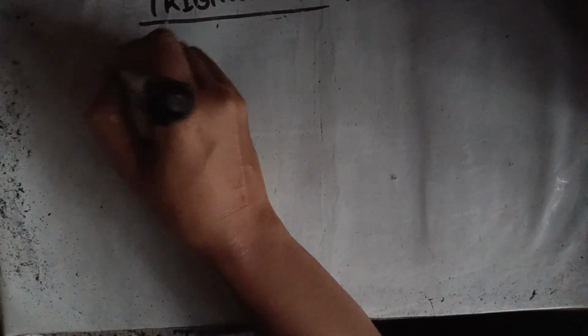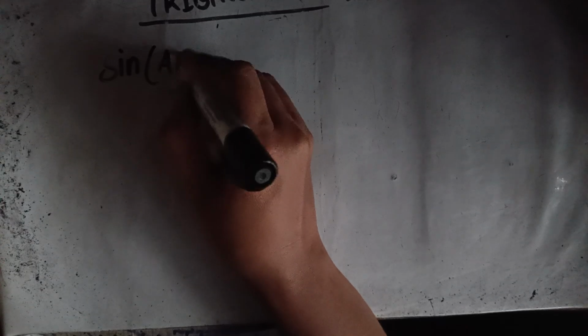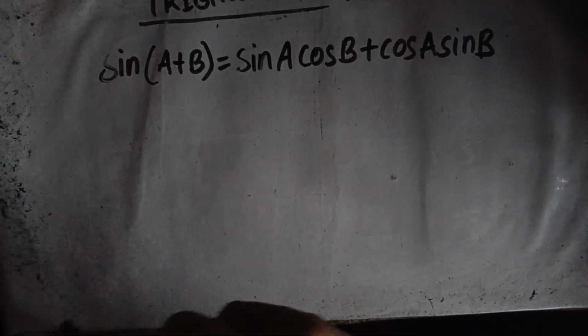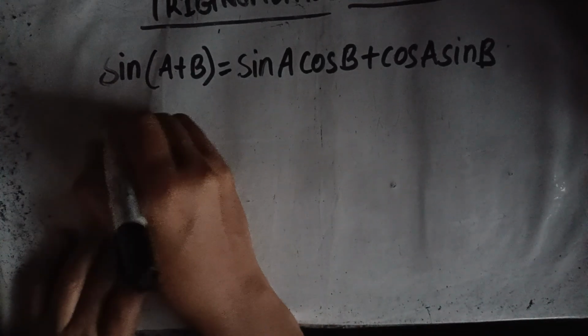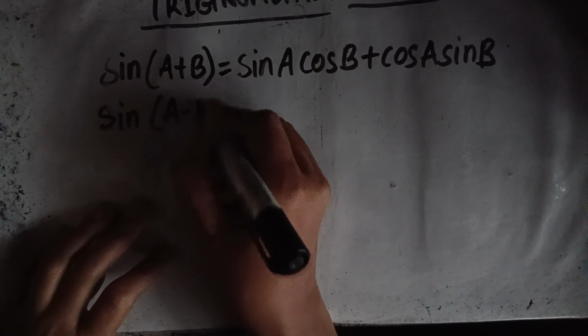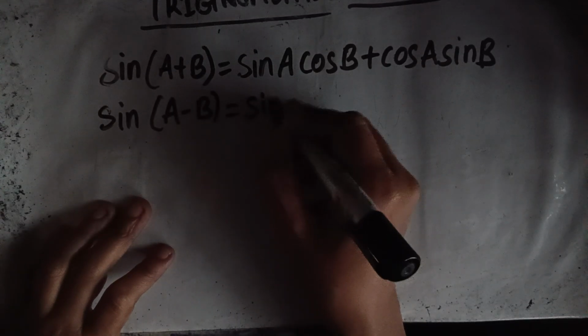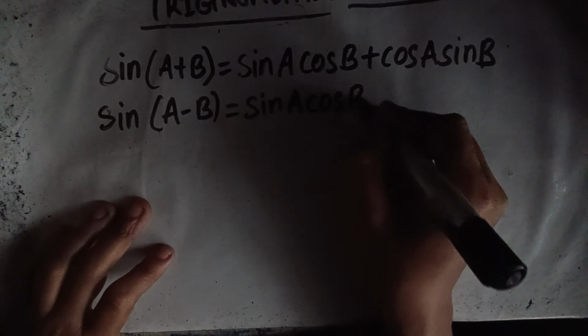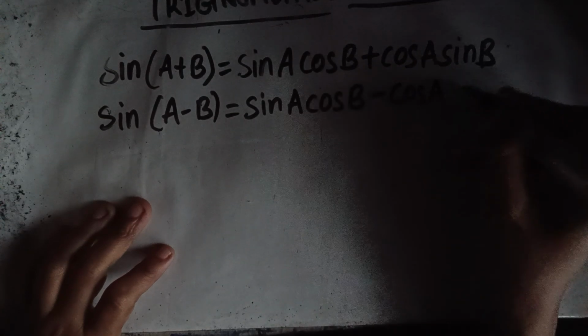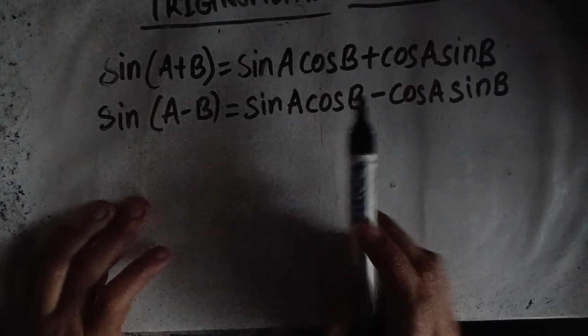Sin A plus B: you have to write sin A cos B plus cos A sin B. Then sin A minus B: sin A cos B minus cos A sin B. So everything remains same. Only thing is the positive changes to negative.